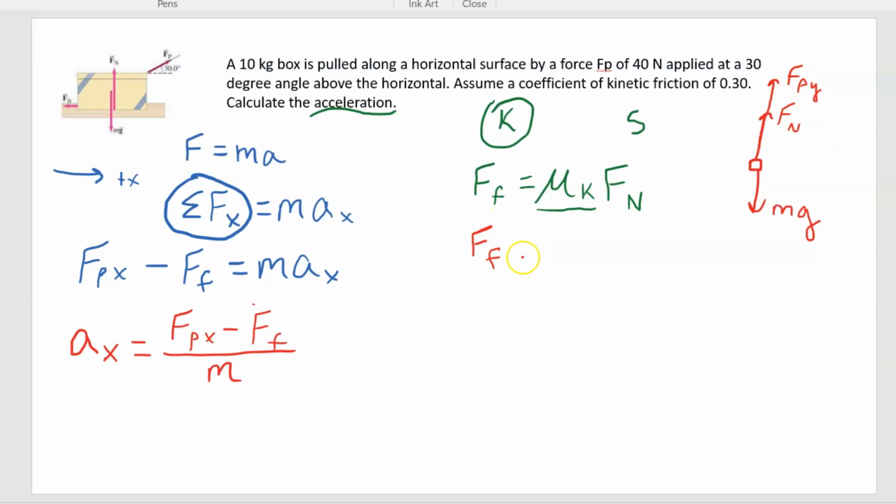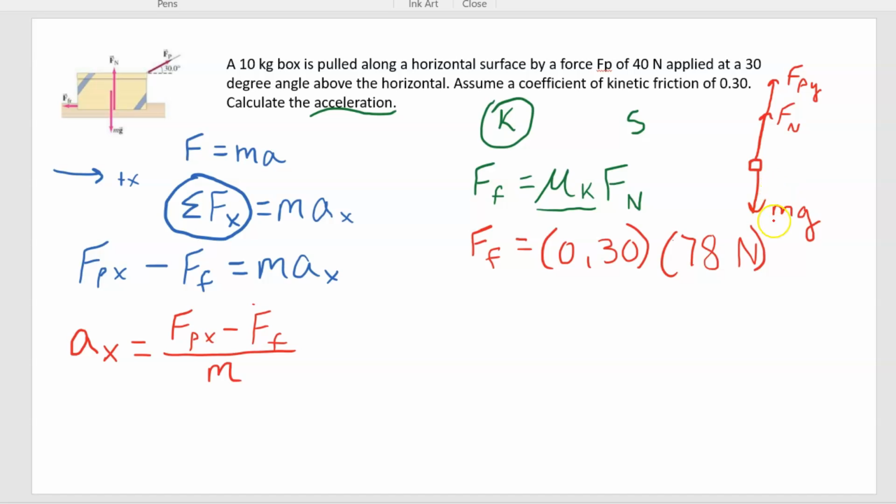We are looking for the force of kinetic friction. We have mu k, or the coefficient of kinetic friction, 0.30, no units as it is a coefficient. And the normal force in this case, if we go through all of our lovely steps to find the normal force, would be 78 newtons, or something very close to 78 newtons.